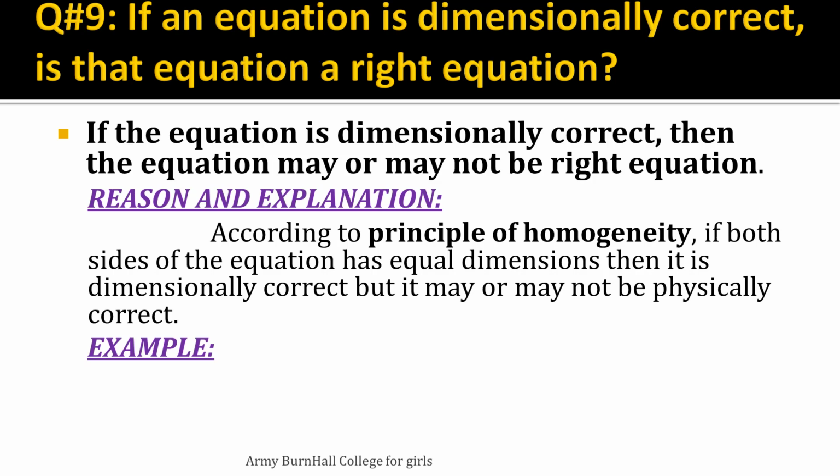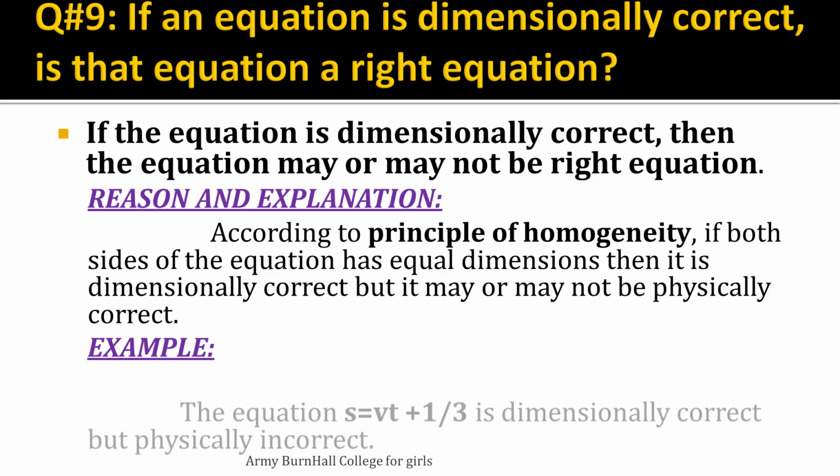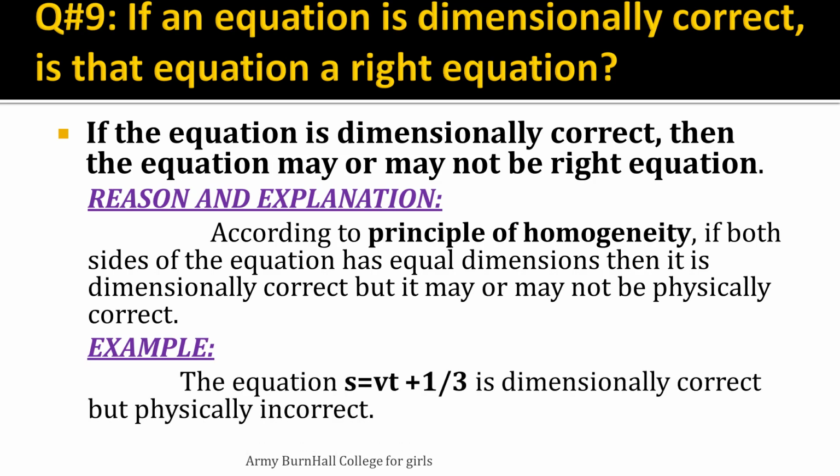Okay, for example, you can take different examples. The equation S equals Vt plus 1 by 3 is dimensionally correct but physically incorrect, because dimensions would be same, but its answer is incorrect. You can also give some examples related to correct equations.